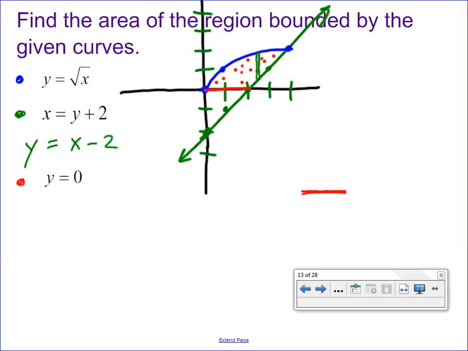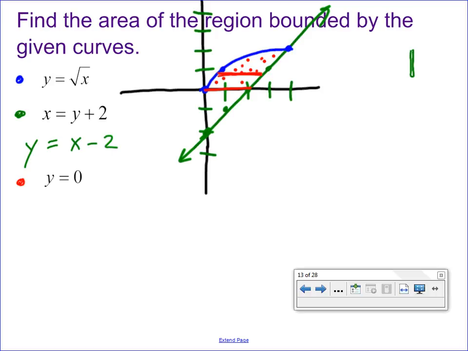Therefore, I'd have to set up two separate definite integrals. So instead, I would encourage you to integrate with respect to y. We'll draw a typical horizontally oriented rectangle, and keep its height positive by doing right curve, solved for x, minus left curve, solved for x. Integrate over the region of possible rectangles, bottom to top, and then get my area.